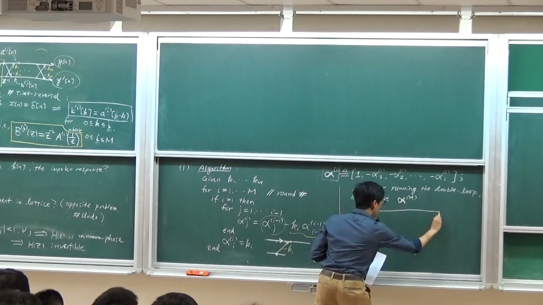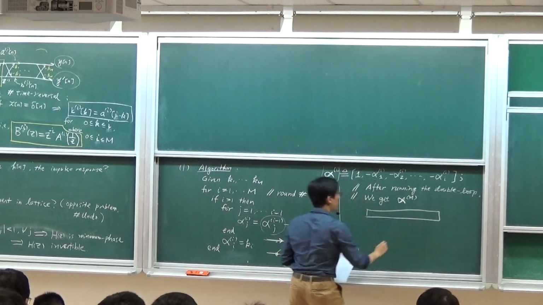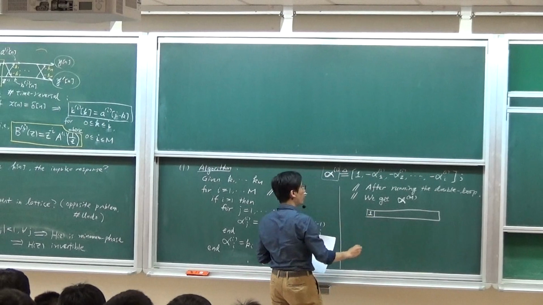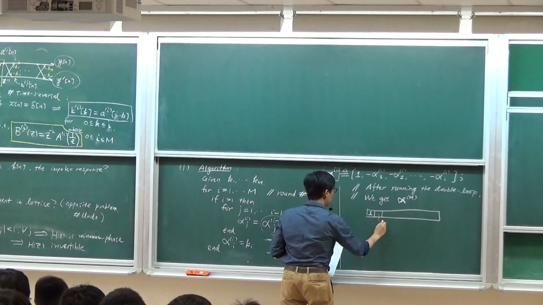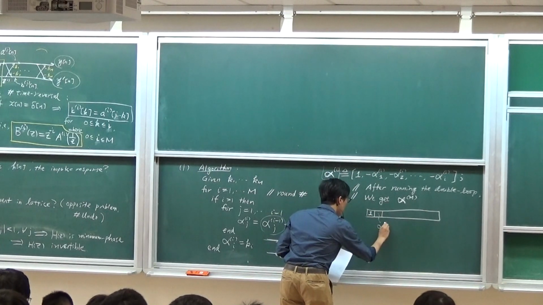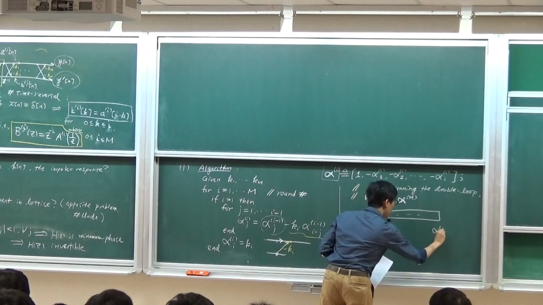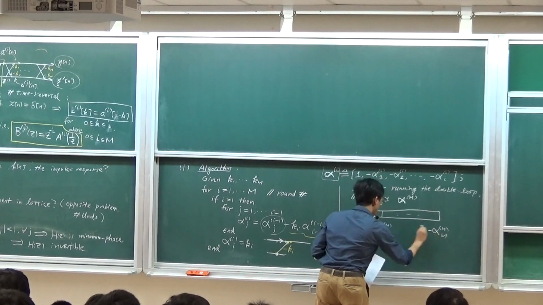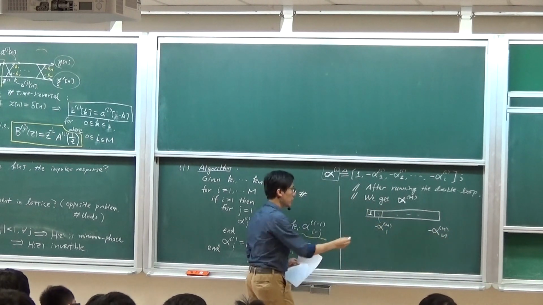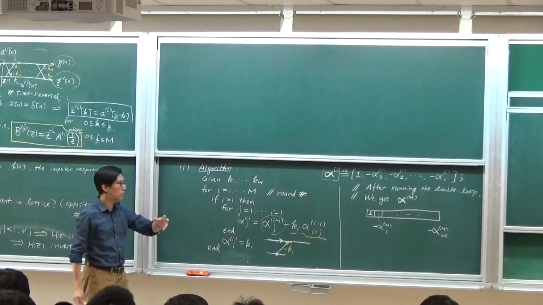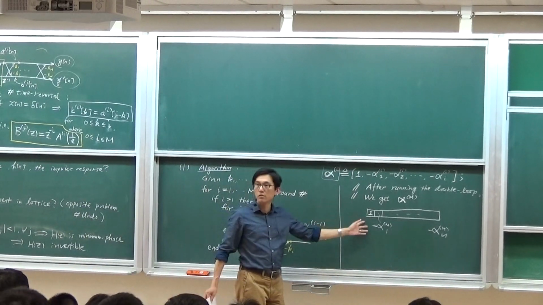We'll get an array of length m plus 1 with leading coefficient 1, and otherwise the next terms are alpha m1, all the way to alpha mm, or maybe with a minus sign, it's not super important. But after completing this double loop, we will get an array.